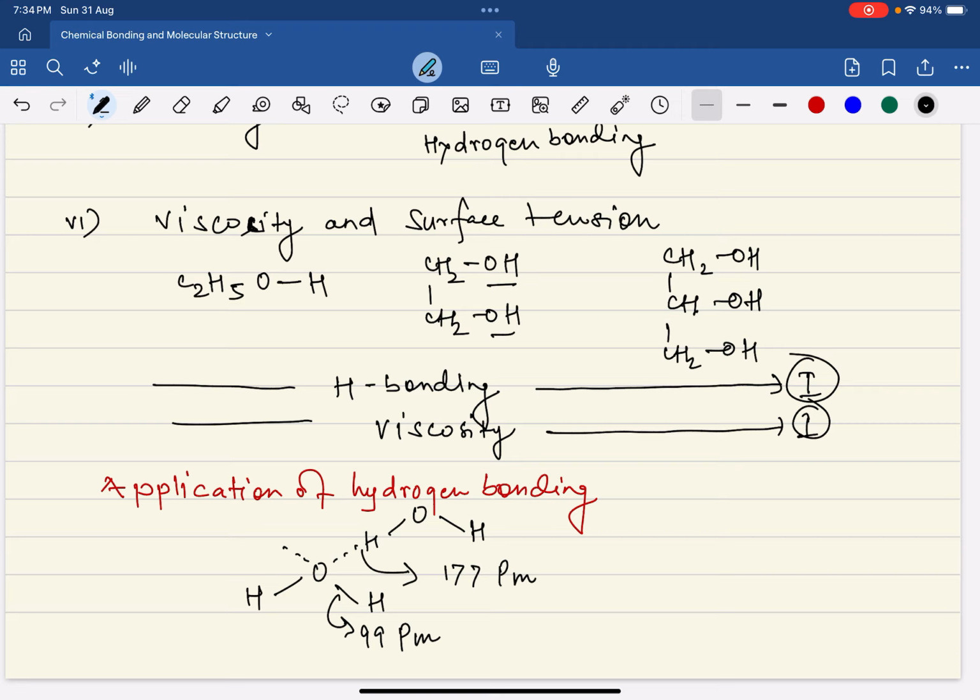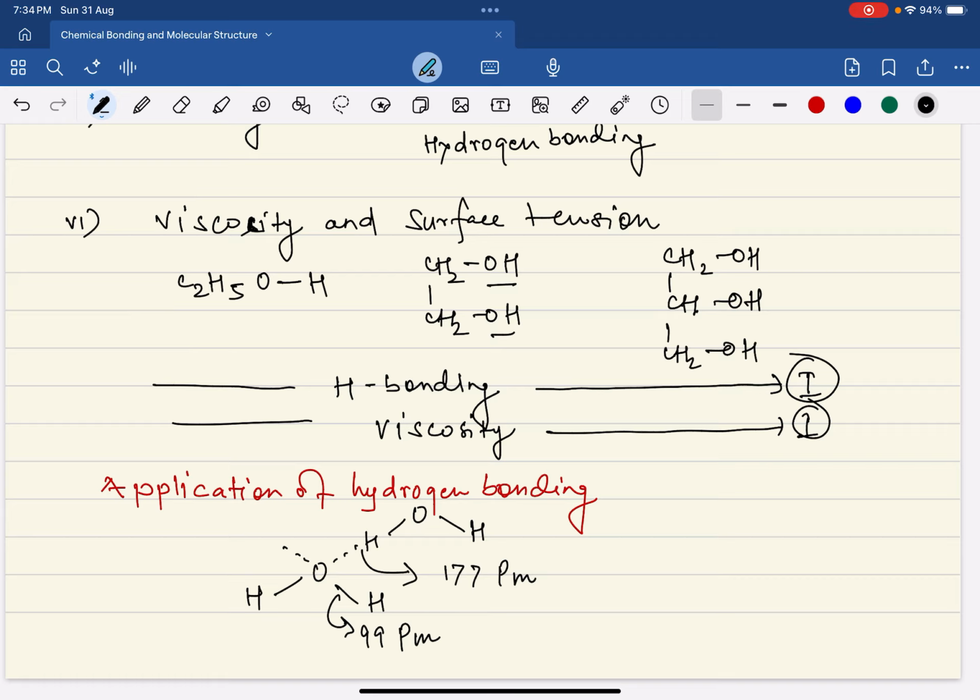That is why water has more density than ice, and ice has less density than water. So ice floats on water. Each oxygen atom forms 4 bonds, of which 2 are normal covalent bonds and 2 are hydrogen bonds. Hydrogen bond is longer than normal covalent bond. Due to this open cage-like structure, volume becomes more and density becomes less.